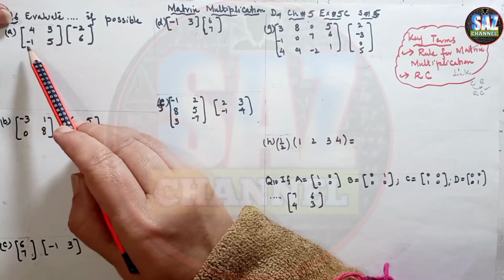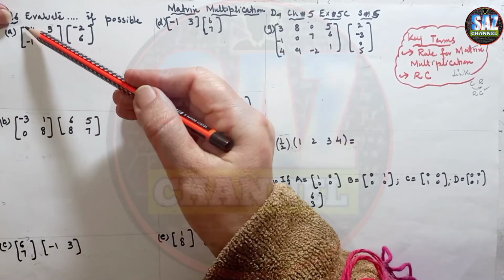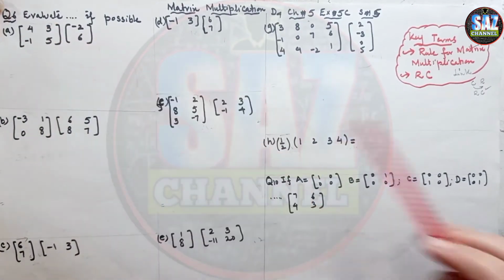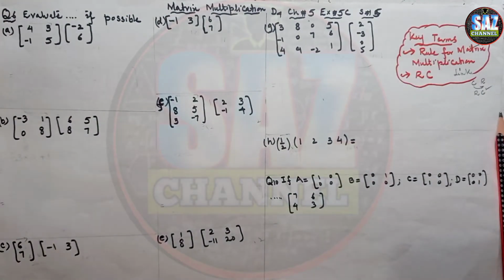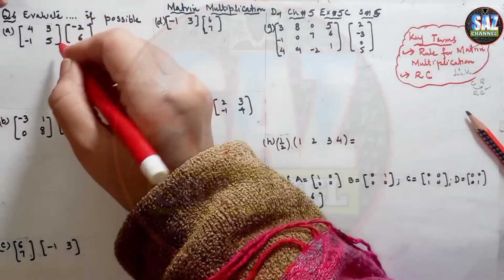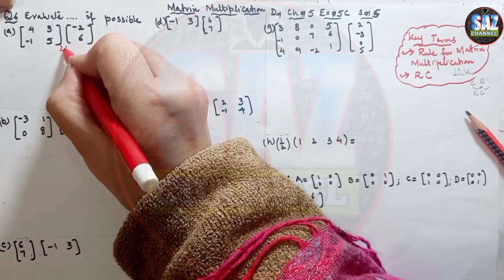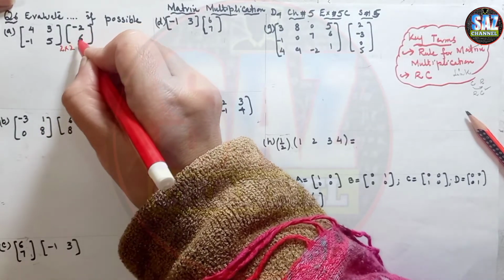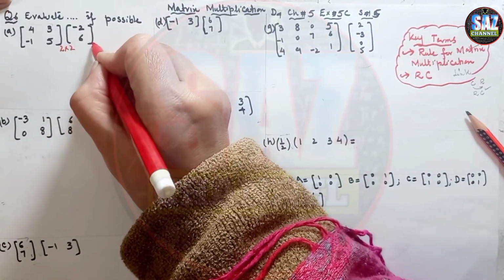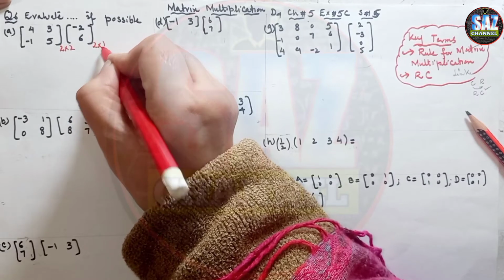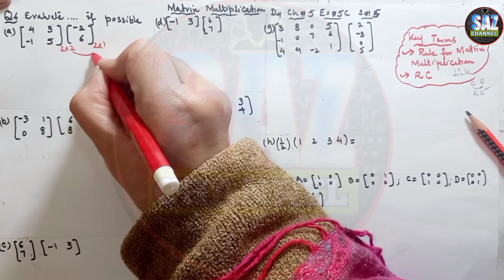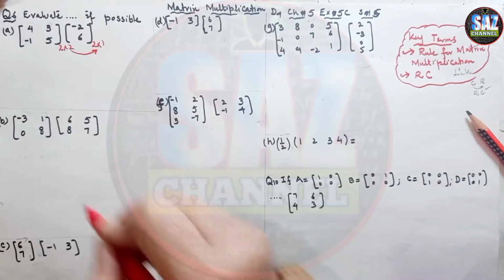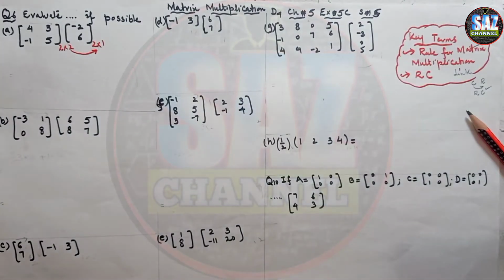Look, this is the first row, this is the second row, and this is the first column and this is the second column. Always rows come first and then the columns, so 2 by 2. Again, look at this second matrix, 2 rows and 1 column. The number of columns of the first is equal to the number of rows of the second, which means we can multiply these two matrices easily.